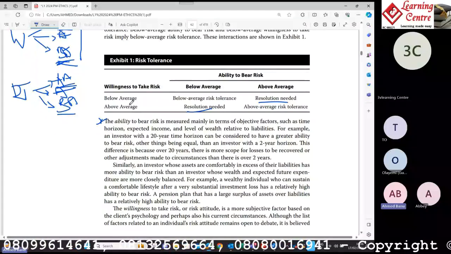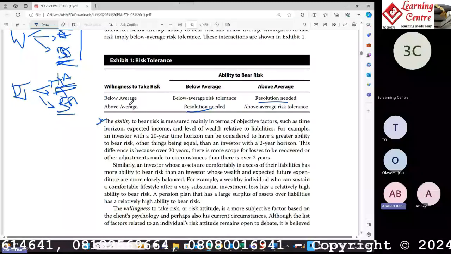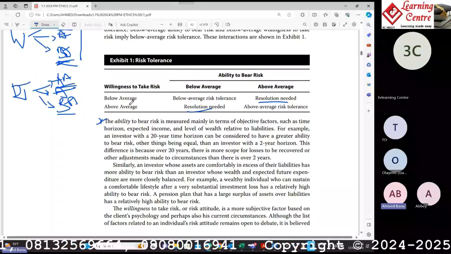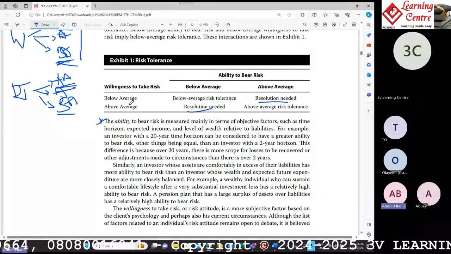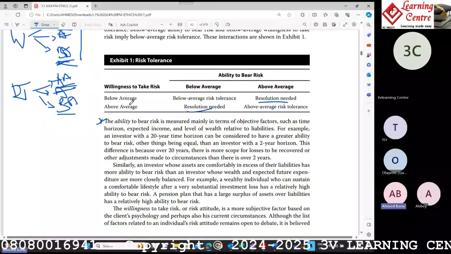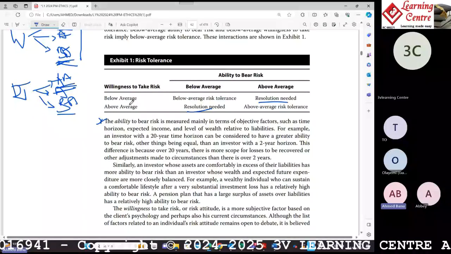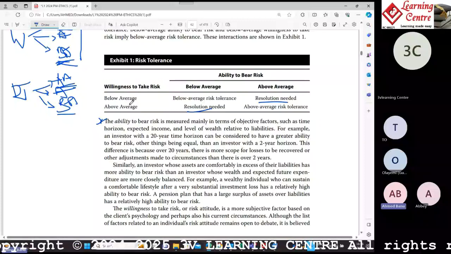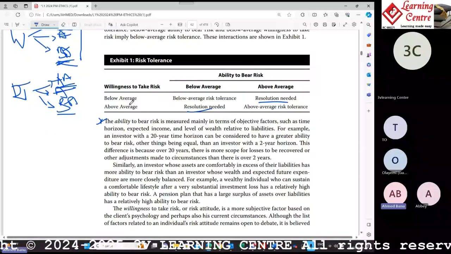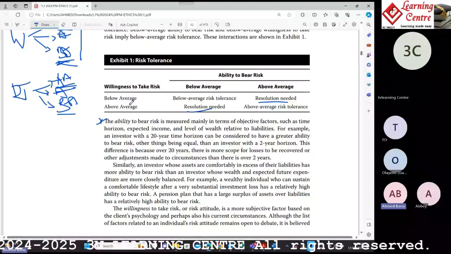Somebody that has 50 million naira at the age of 25 and somebody that has 50 million naira at the age of 55, the guy at the age of 25 can use 20 million naira to take risk. But if you come to the 55-year-old to take risk of 20 million out of it, the guy will be a bit skeptical.